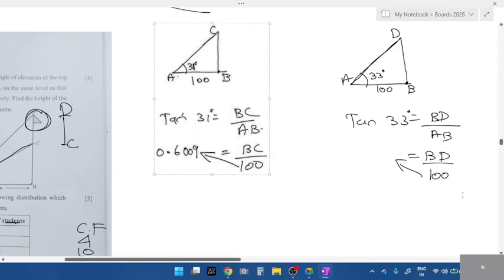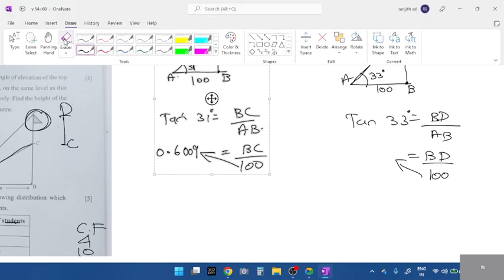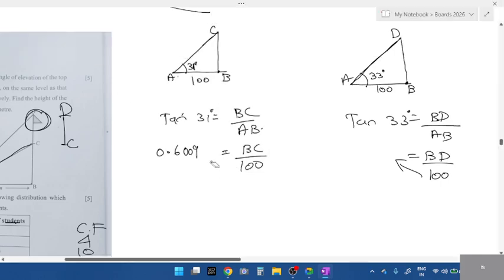Check the value, students. You all try to find it. Get used to this, otherwise in the exam you'll get confused. Check the first column, all of you, tan 33 degrees. I don't think we need to convert here. You can directly take tan 33, tan 31.